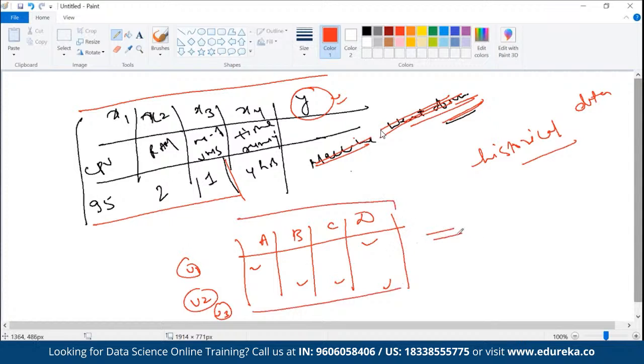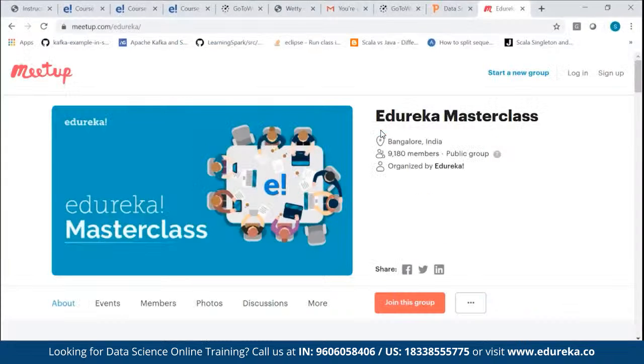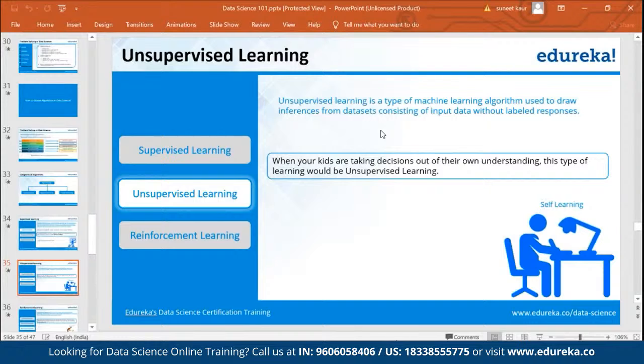Basically, the user is saying to create groups based on user preferences. What you don't have here is Y, and that's why we are saying this is unsupervised learning. There is no one who will tell you that this has happened in the past. When kids are taking decisions out of their own understanding, this type of learning would be unsupervised learning.